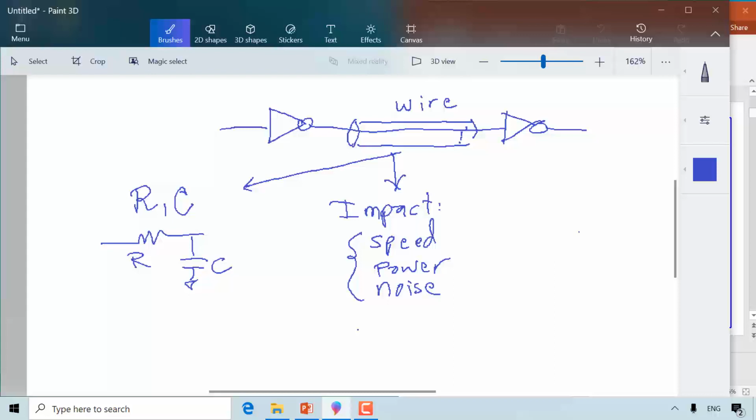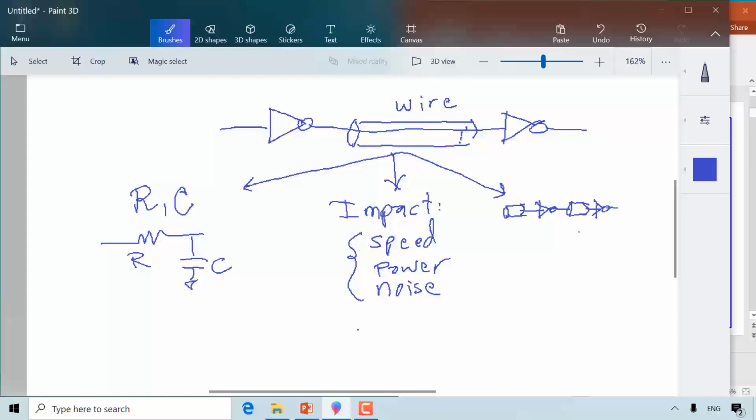For a very long wire, we will see that the delay becomes large enough that we need to split the wire into smaller segments and use repeaters between these smaller segments.